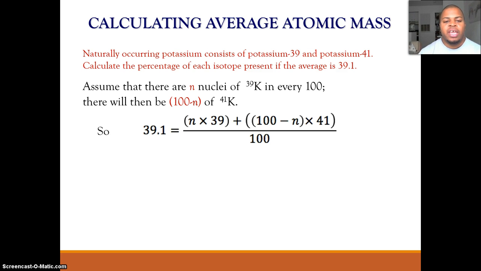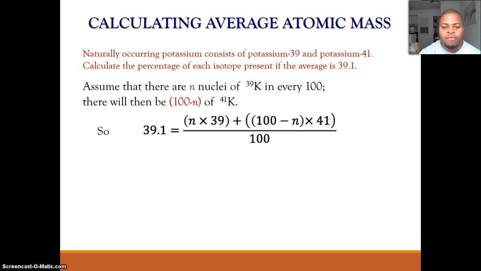We're going to have N, or X, whichever one you want to use, be the number of nuclei. So since I have 39 as my first mass number, I have N times 39 plus 100 minus N. Now, why 100 minus N? Because if I only have 2, that means that whatever percentage I have has to be subtracted from 100%.